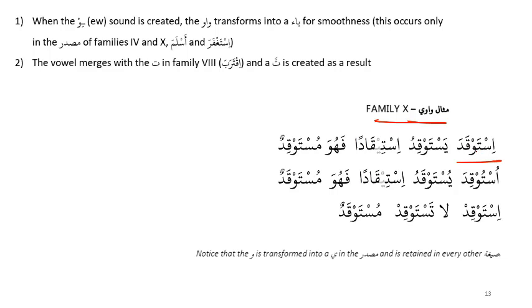So what's happening here? In family 10, we are saying that the U sound is created, the waw transforms into a ya. So this is misale wawi, istawqada means to light a fire. Here the root letters are waw, qaf, and dal.